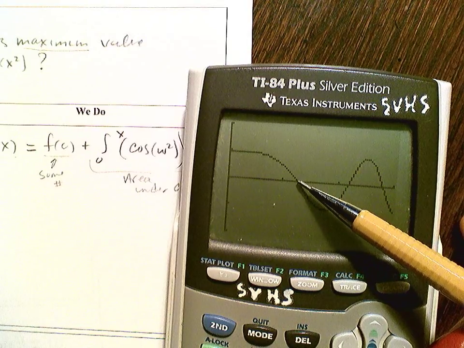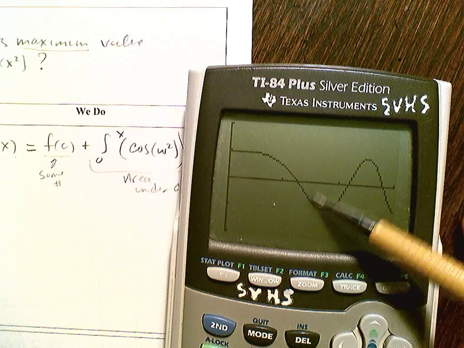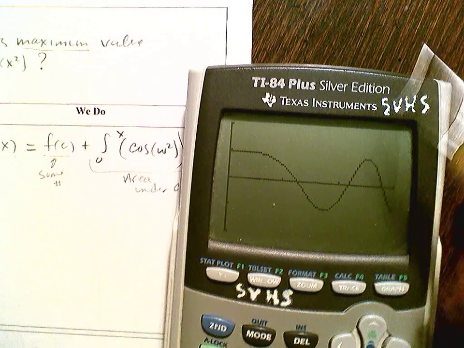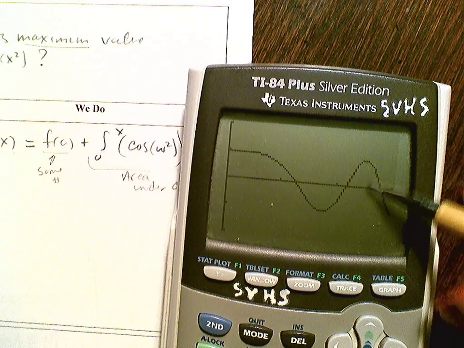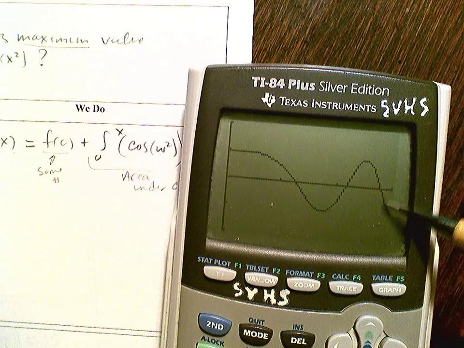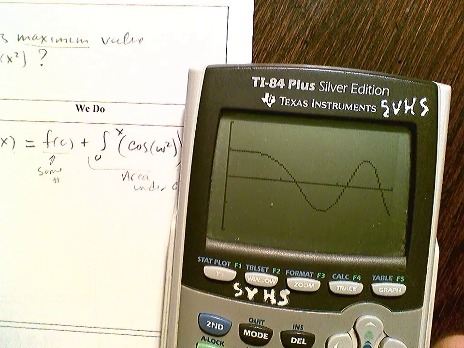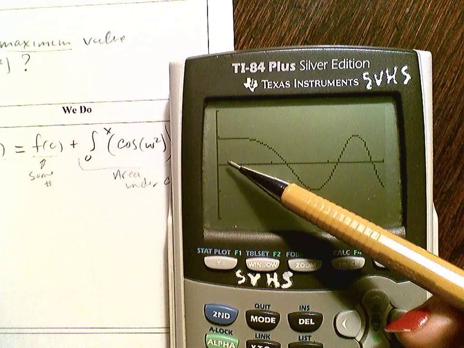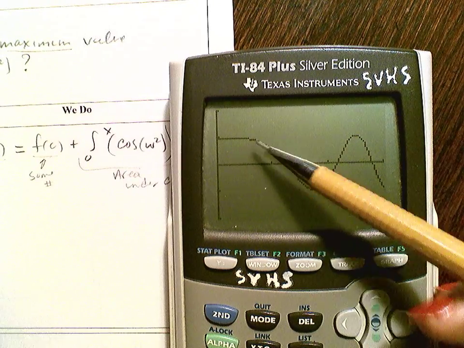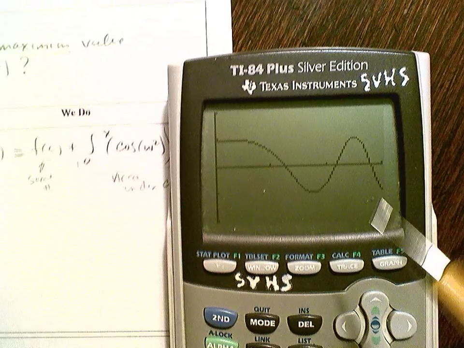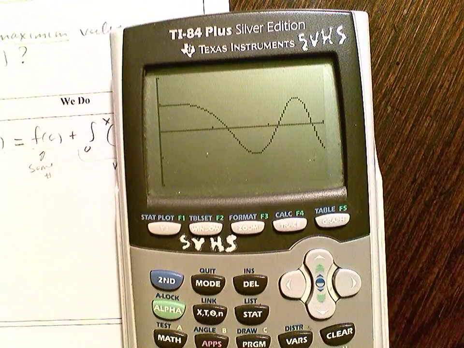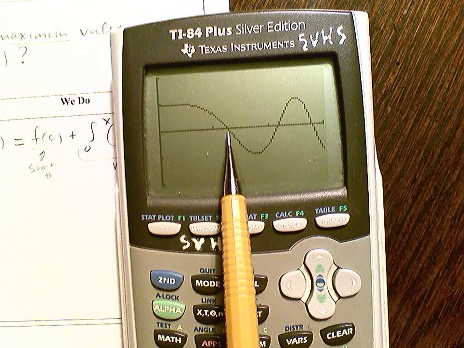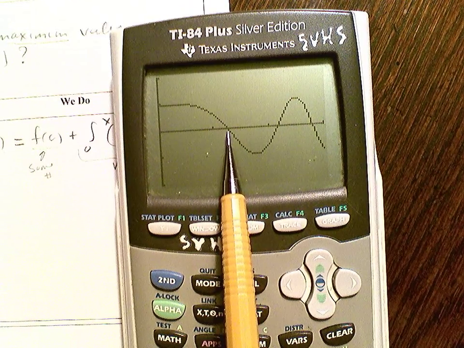But then at this point the area starts decreasing because that's negative area. Then at this point it starts increasing again, and then at this point it starts decreasing again. So we're gaining positive area, negative, positive, negative. But guys, if you look at this, after this point is where the area starts to decrease.